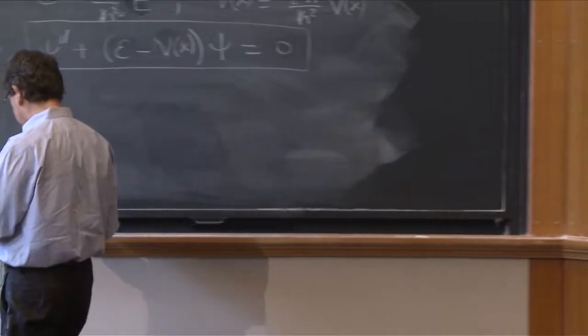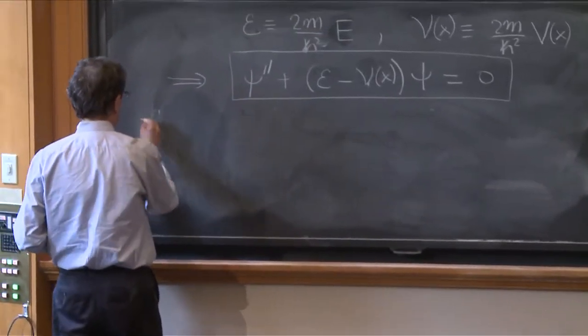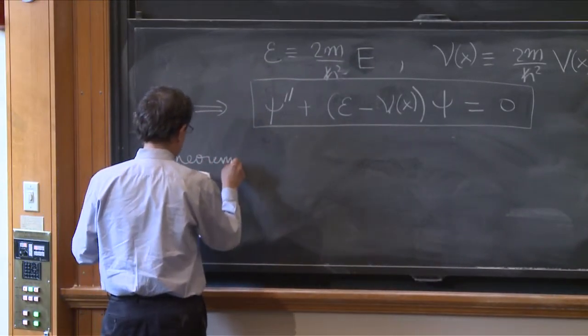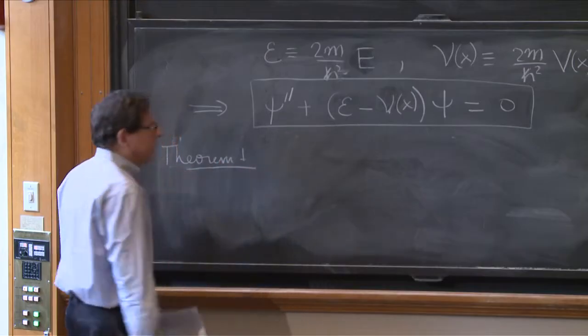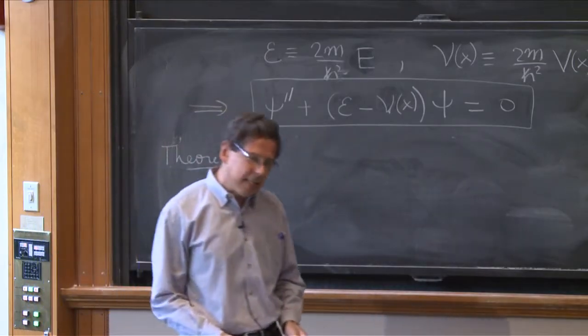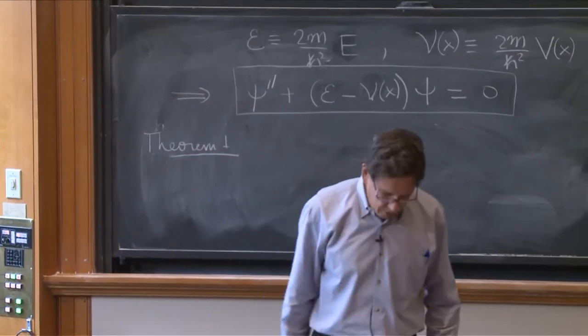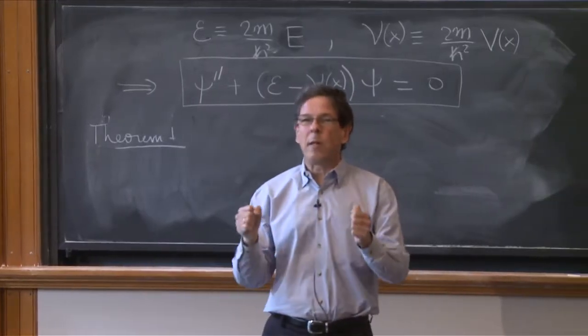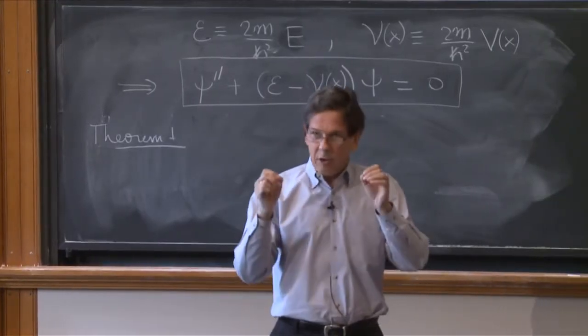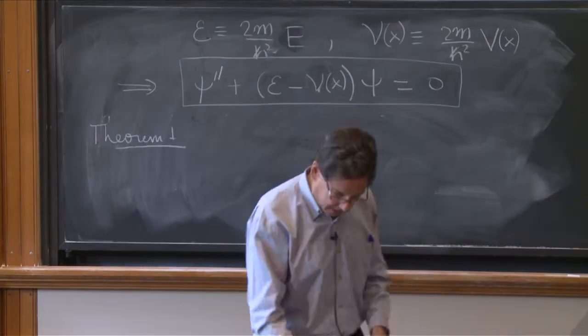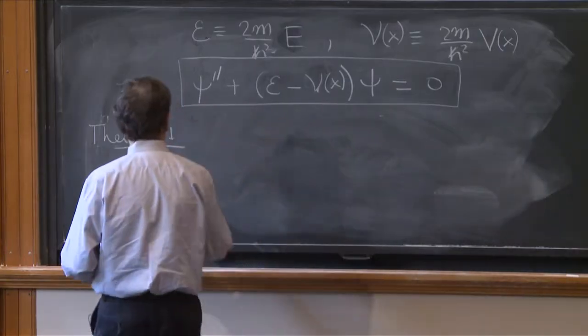So let me give you the first theorem. Theorem 1. This is just the statement that if you're talking about bound states in one-dimensional potentials, there are no degeneracies. So let's write it.